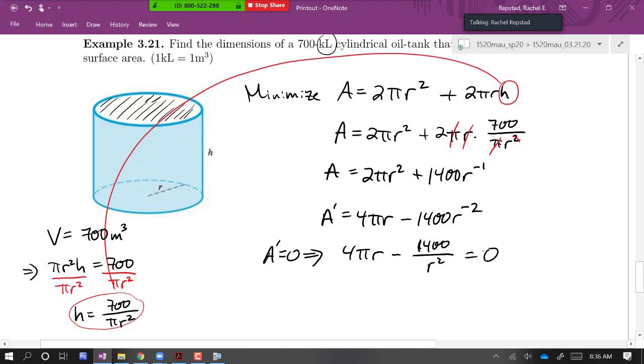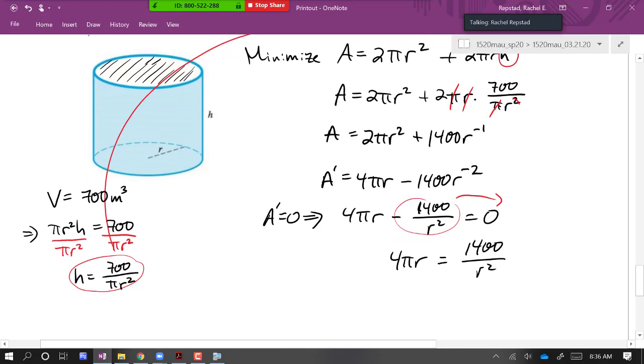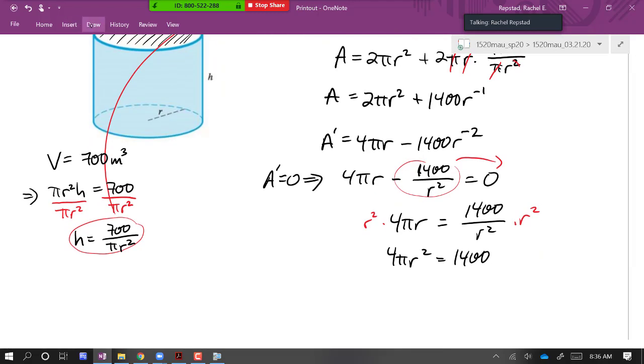There's more than one way we could choose to solve this. I'm going to go ahead and throw this fraction on the other side here. So I'm just going to add 1400 over r squared to both sides. I'm going to multiply both sides by r squared. 4 pi r cubed is 1400, and divide both sides by 4 pi.